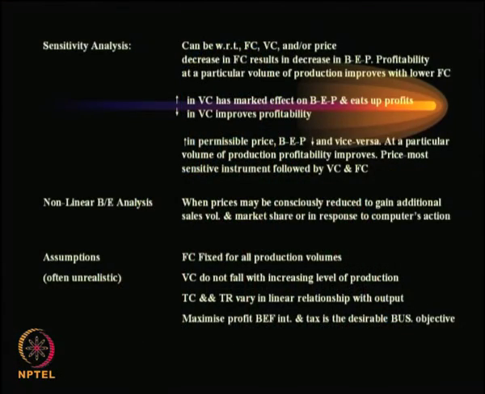So, just look at the sensitivity analysis with respect to break even. A few more points on the break even we will go along when we go to the next slide. So, the sensitivity analysis with respect to break even can be with respect to fixed cost, variable cost and or price. What is going to happen?